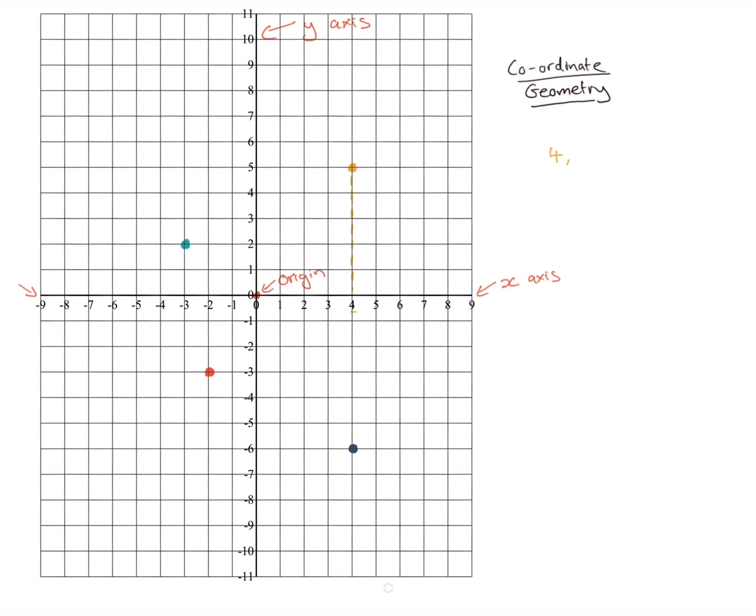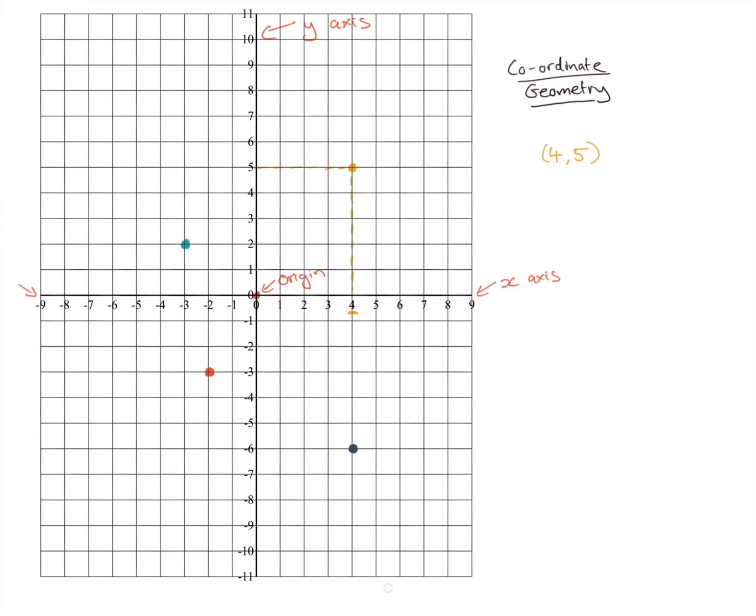And if I draw a line across to the y-axis, it's across from 5, isn't it? Now I'm just going to put brackets around them. So what we've done here is we have just written down the coordinates of the yellow dot. It is above 4 and it lines up with 5.